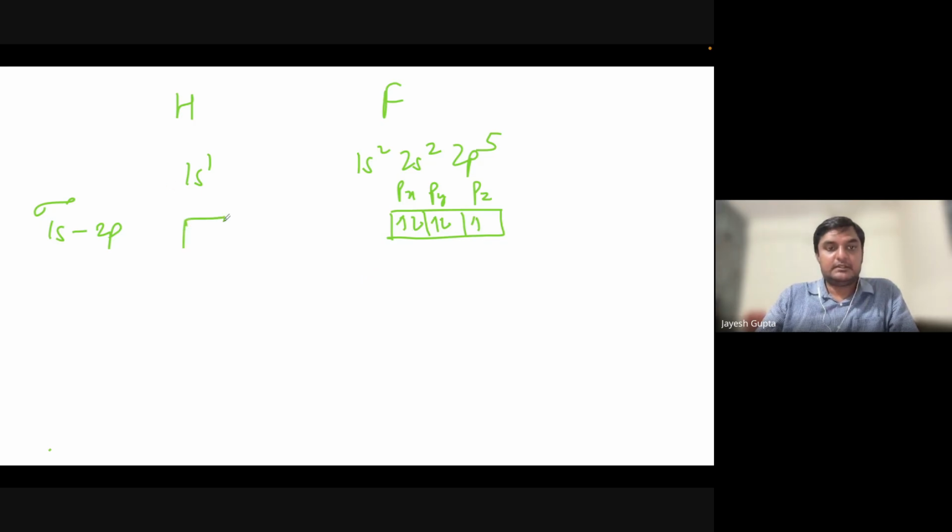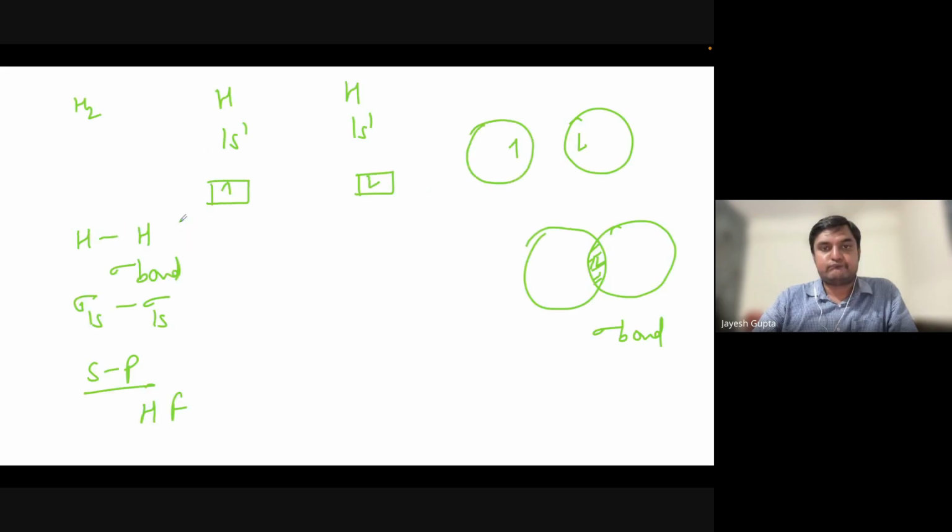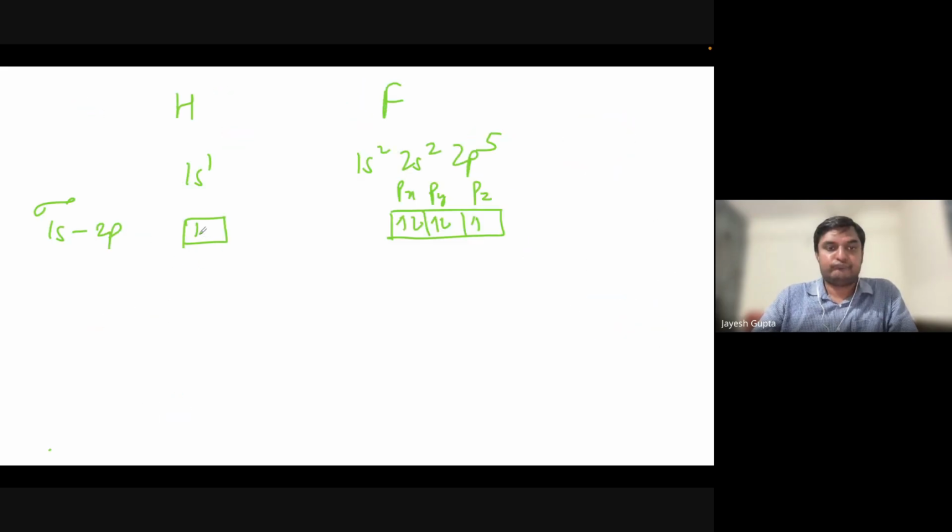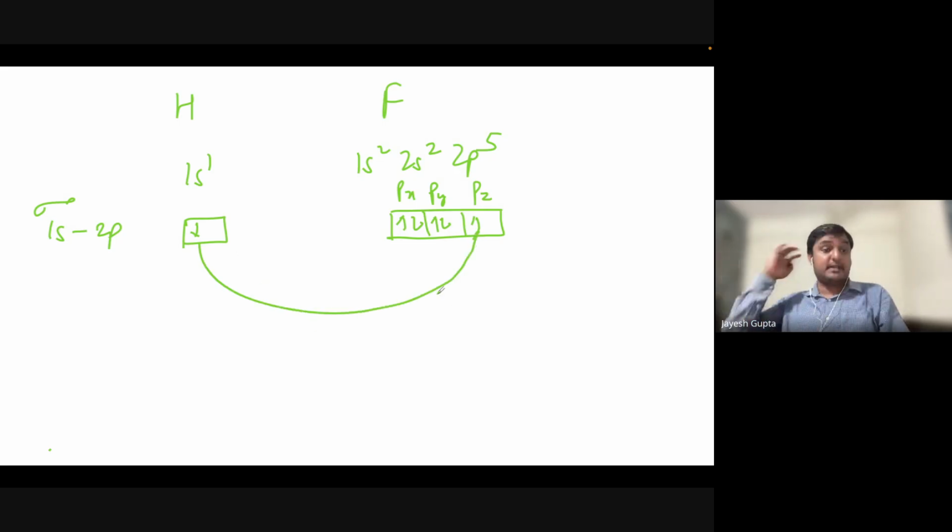Now here, the opposite electronic configuration will be present like this one. This will make bond with this pz. So s with pz, sigma, written as 1s 2p; 2pz it should be. Sigma 1s 2pz. How will this bond look?